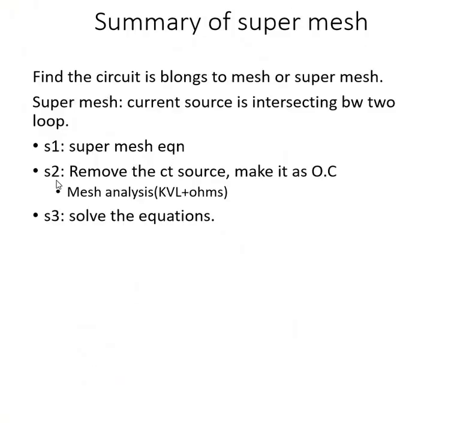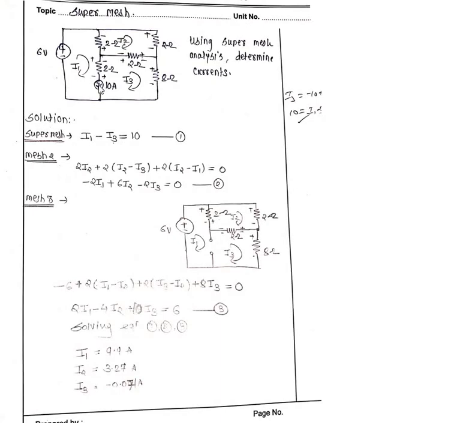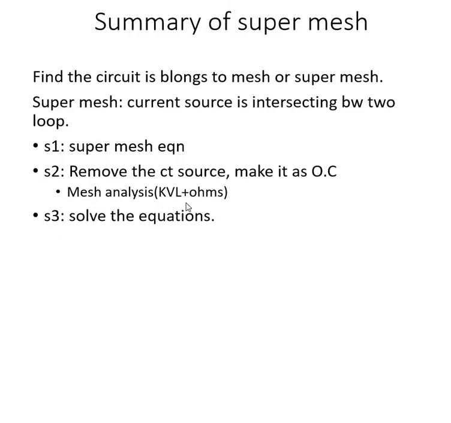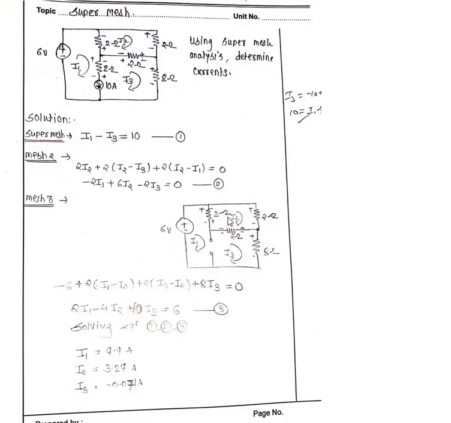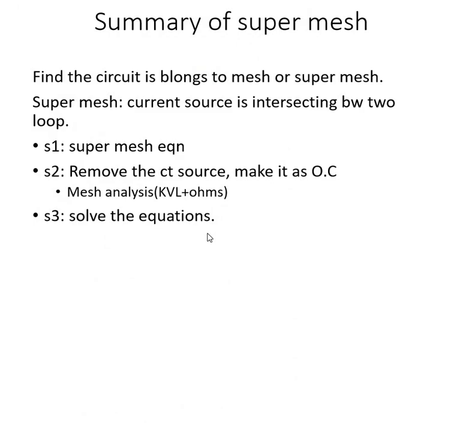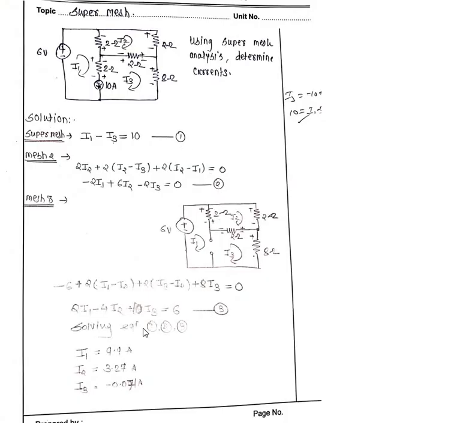Step number 2, remove the current source and make it an open circuit, then use mesh analysis with KVL. In that, take one loop, then the second loop, and write equation 2 and equation number 3. Then step number 3, solve equations 1, 2, 3 and find out I1, I2, I3.